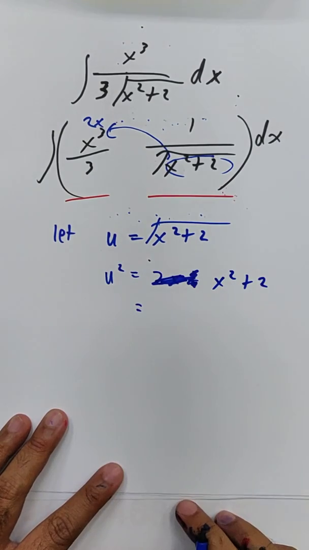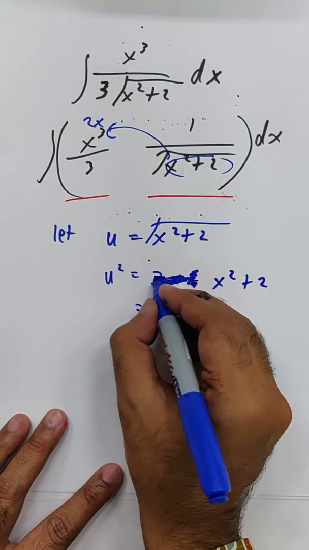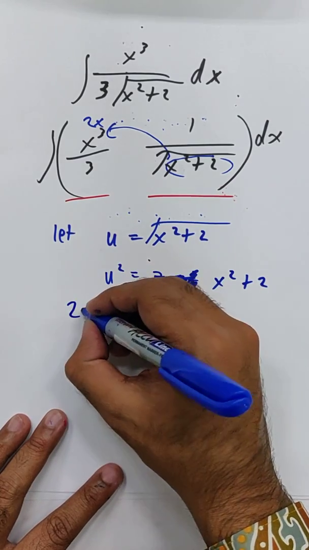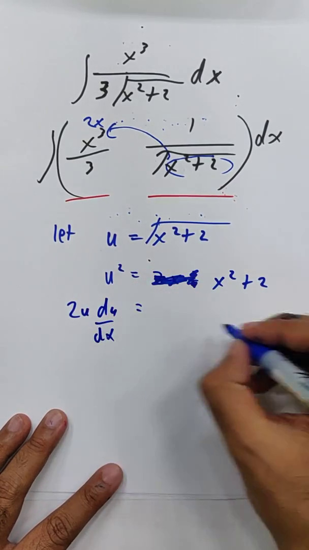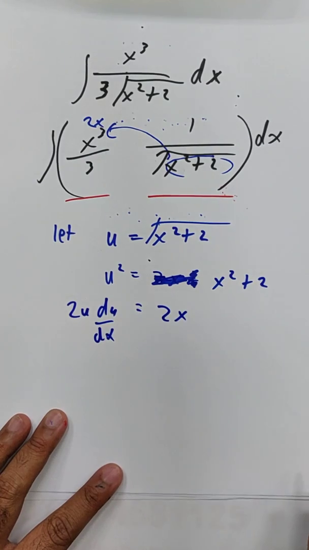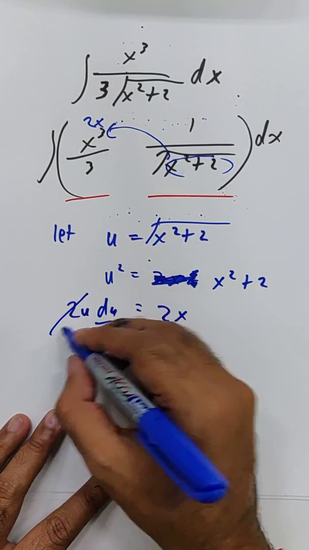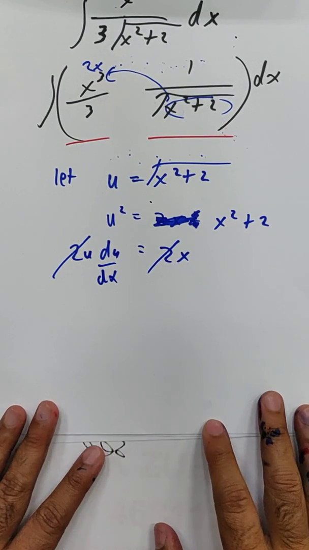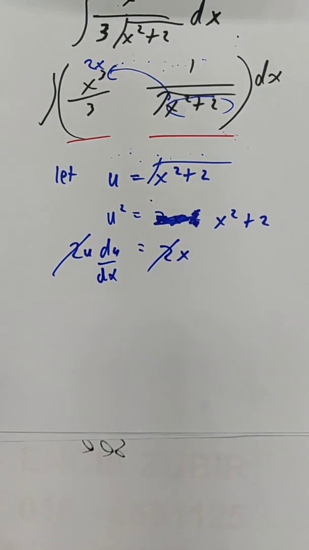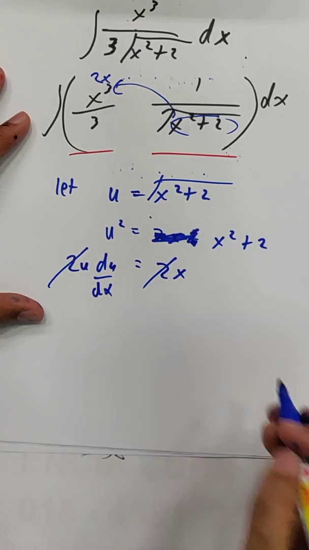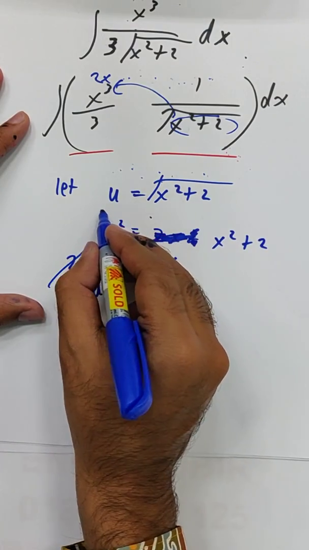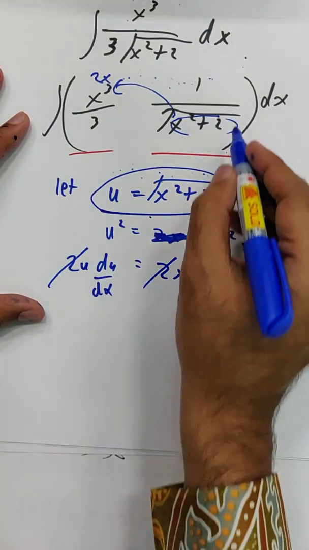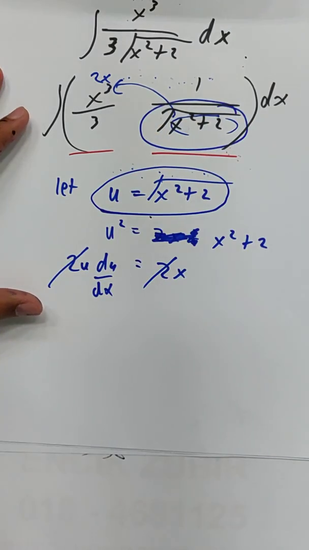Firstly, you square. Now you differentiate: 2u du dx equals 2x. We can argue these 2 and 2 we simplify. Are you okay? Okay, here is a bit difficult. I can do this one, I can transfer here. You okay?